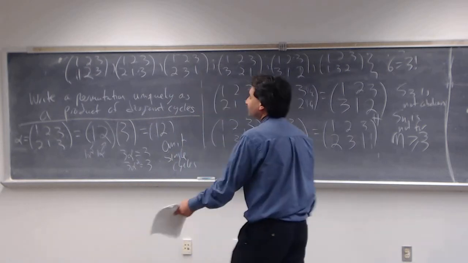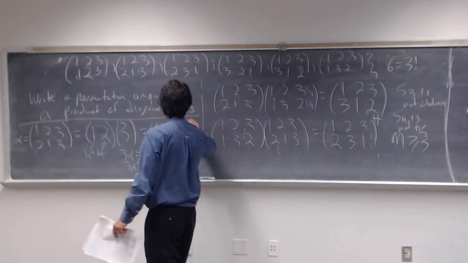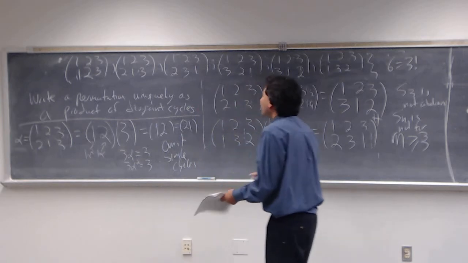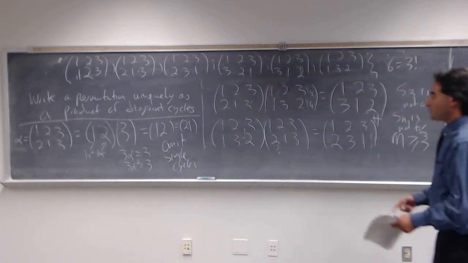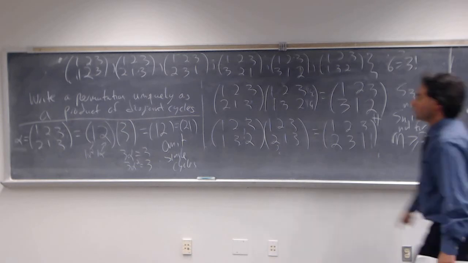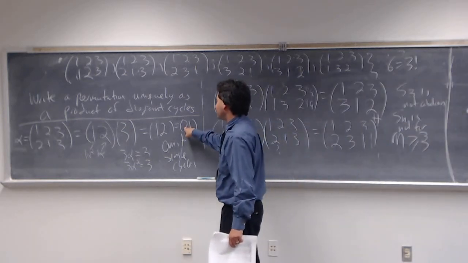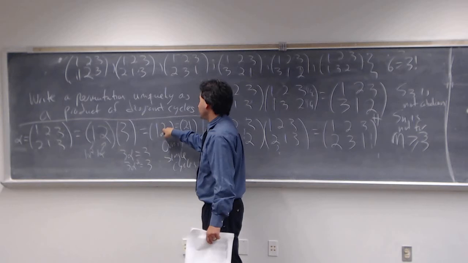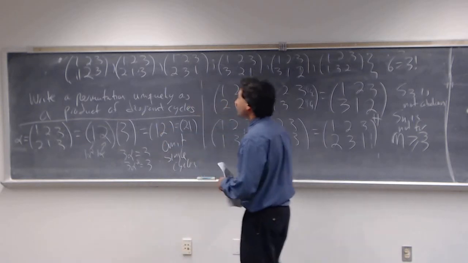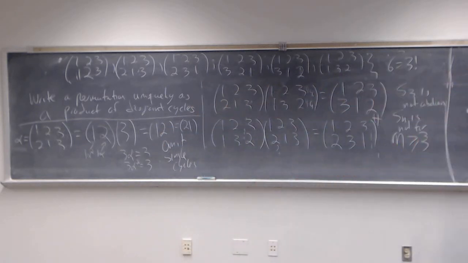And that's unique, except in the sense, maybe what if you wrote it as 2, 1, but that's really the same permutation. It sends 2 to 1 and 1 to 2, right? 2 goes to 1, and then 1 comes back around and goes to 2. 1 goes to 2, and then 2 goes back to 1. So really, any cycle is unique, but you can start it at any point.